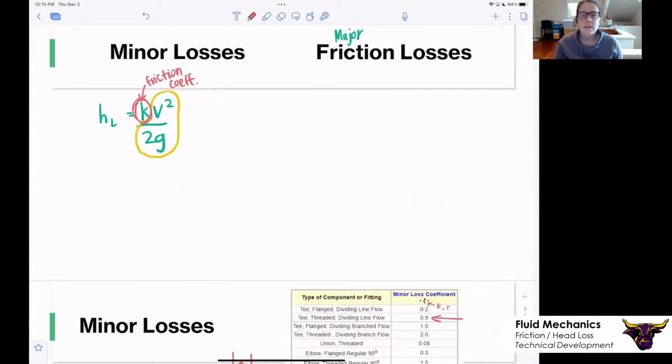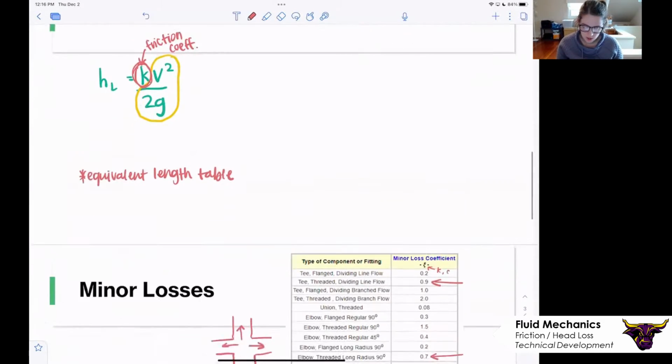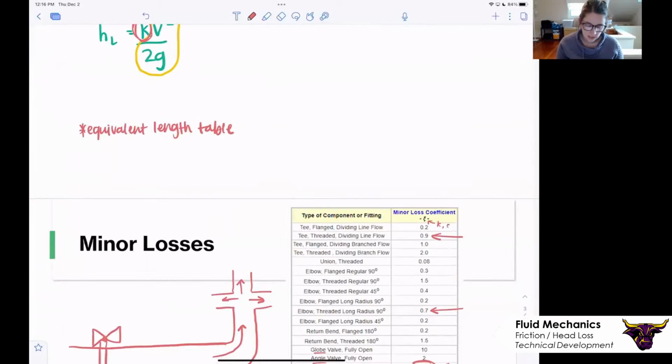So that's minor losses. You may see something also talked about that's an equivalent length table. For this class, we're not going to use those, but you have to be careful because it's going to tell you lots of these same things, like how much a T or an elbow or whatever is going to add, but they're going to do it in an equivalent length table.